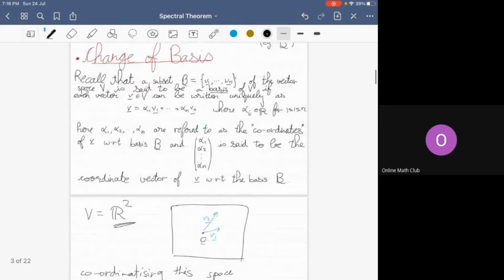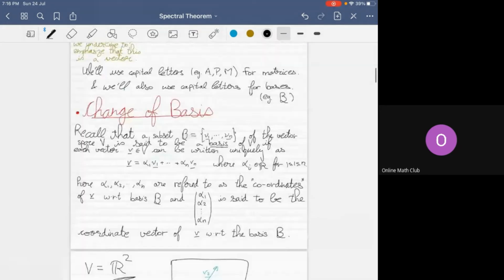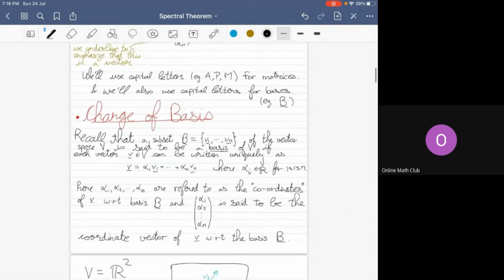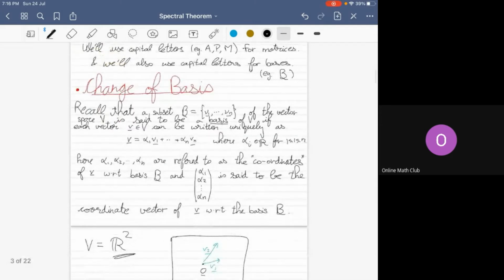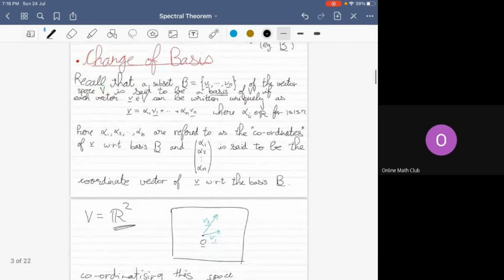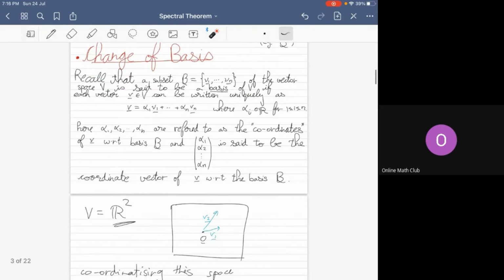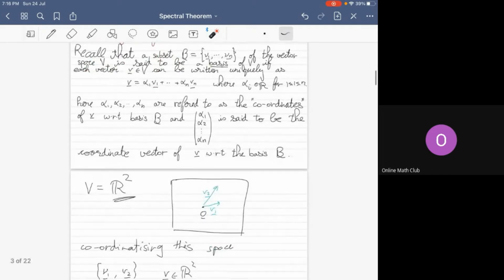So let's define the following. Given a vector space V and a basis B, I'll use capital B for the basis.